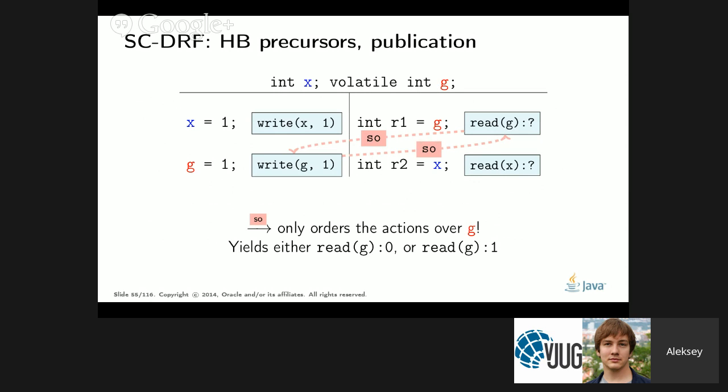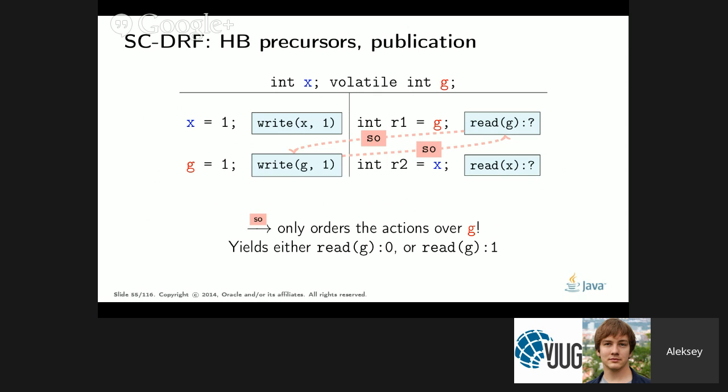Yeah. So let's suppose we are only using what we have built so far in the memory model. We only have the synchronization actions and synchronization order. So we only order the synchronization actions, which are only the actions around G. We can build an execution which has the read and write of G ordered in one way or the other.